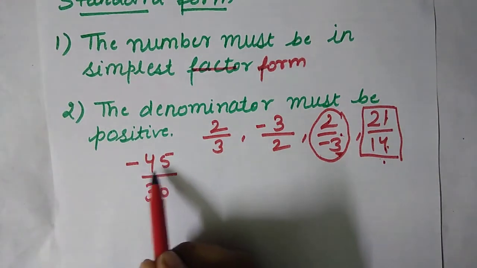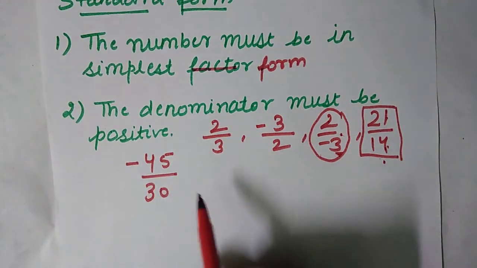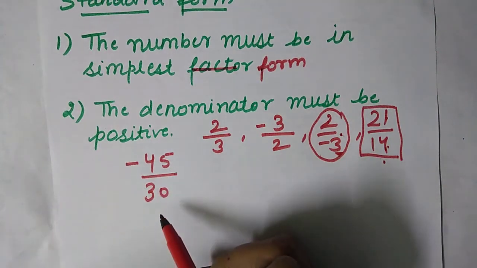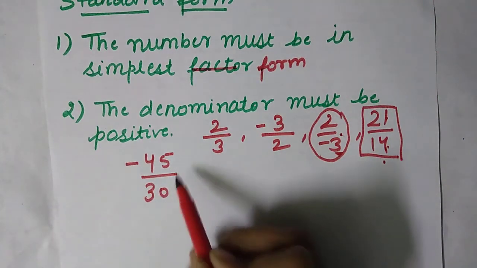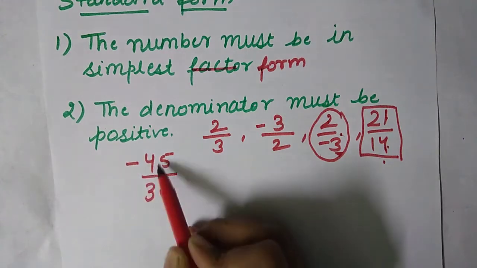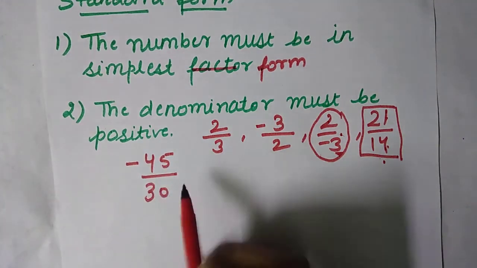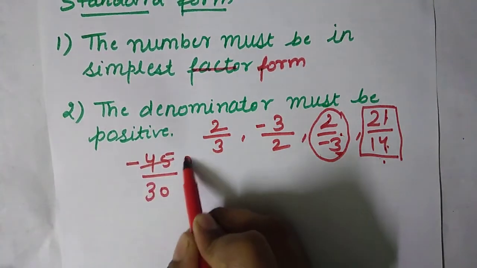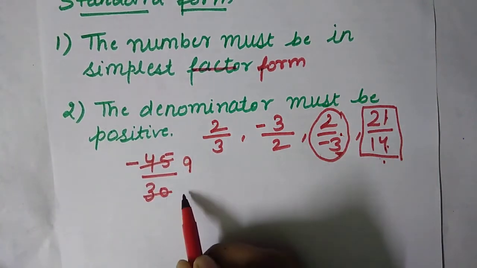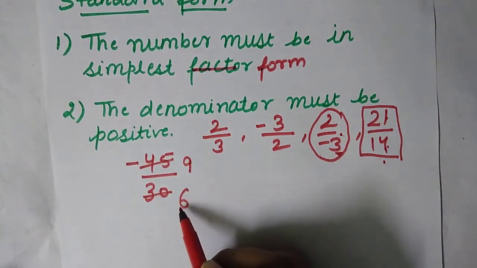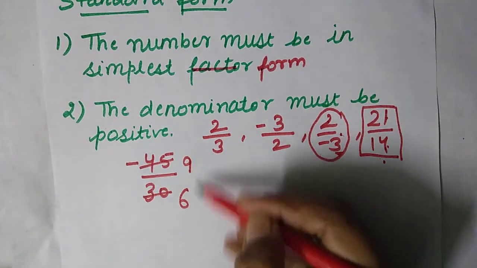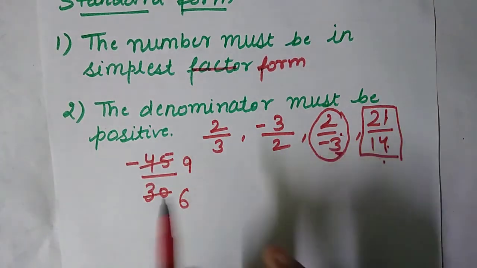Suppose we are given this number. First we have to make this number in simplest form. Both get divided by 5. So 5 nines are 45 and 5 sixes are 30. Now again they are not in simplest form, they get divided by 3.